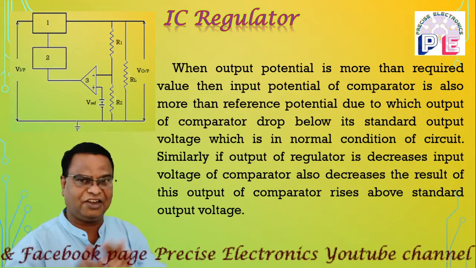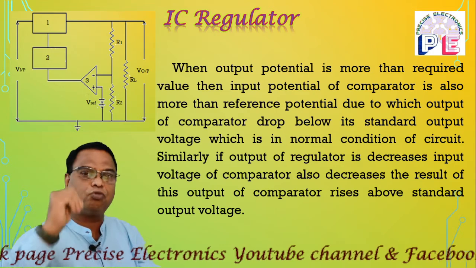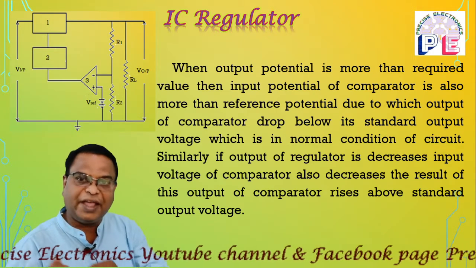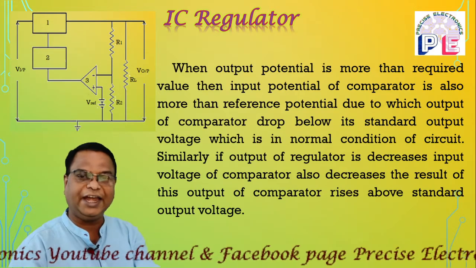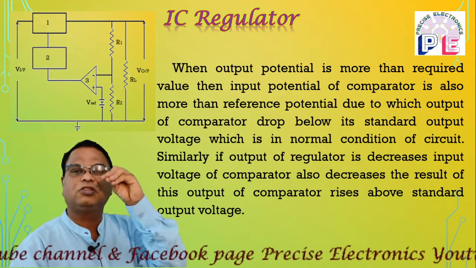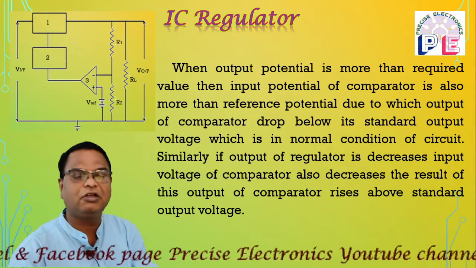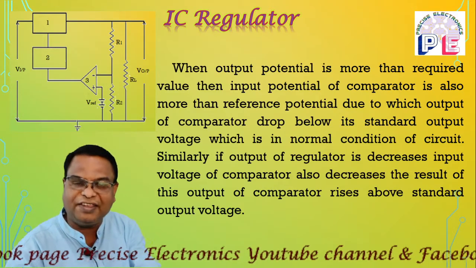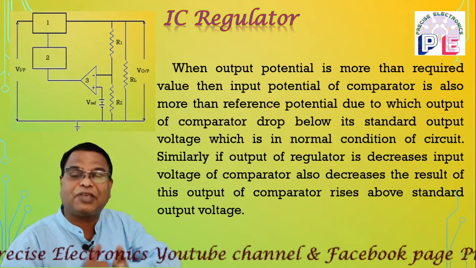Suppose it is in ideal conditions; we imagine ideal conditions. Therefore, the output voltage of the comparator decreases by 1 volt, and obviously the potential applied to the base of the transistor also decreases. As the base potential of the series pass transistor decreases, the base current decreases, and hence the load current IL, which is approximately equal to IE or IC, also decreases, because IC equals beta times IB.